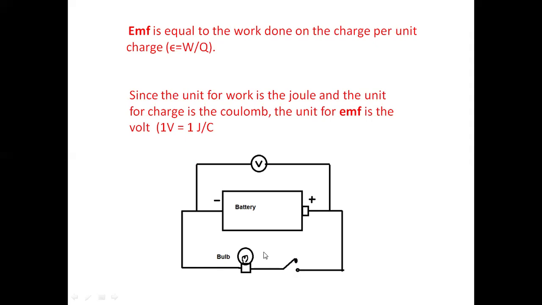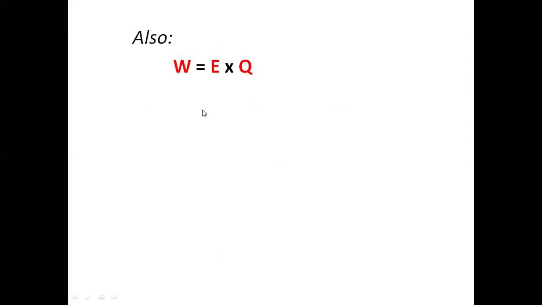The circuit is not complete and current is not flowing, but the voltmeter will show the EMF. So EMF is equal to work done per charge, or work done is equal to EMF times charge.